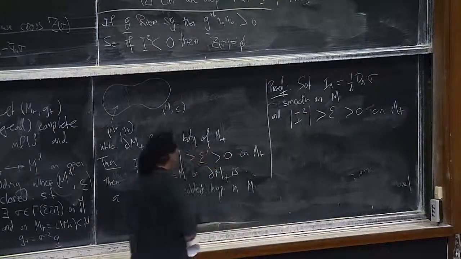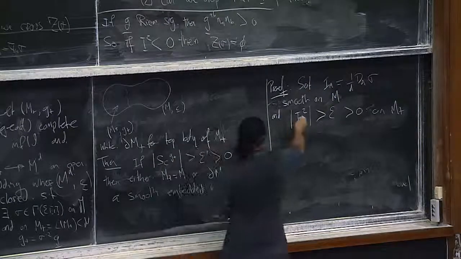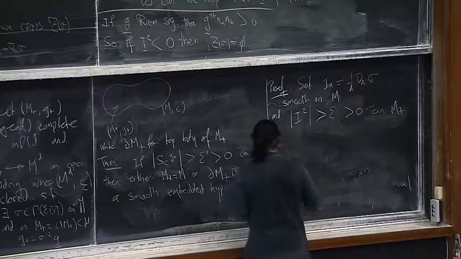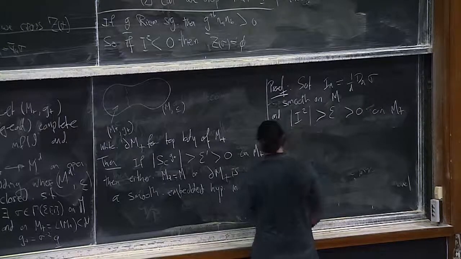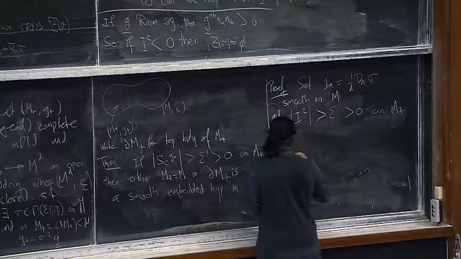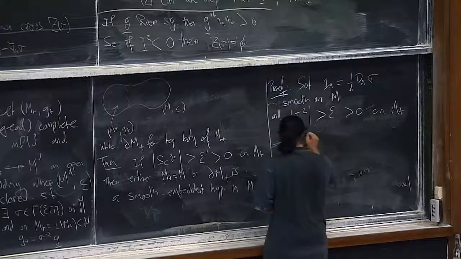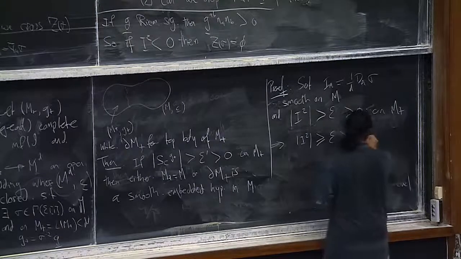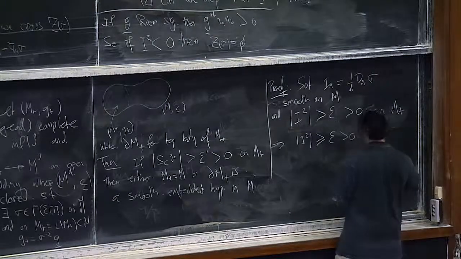I've changed to epsilon because this is related to the scalar curvature, but it's not exactly the same. But it's still bounded away from 0. So that's what we're going to use. So this means that I squared is also bounded away from 0 on M+ and its topological closure.